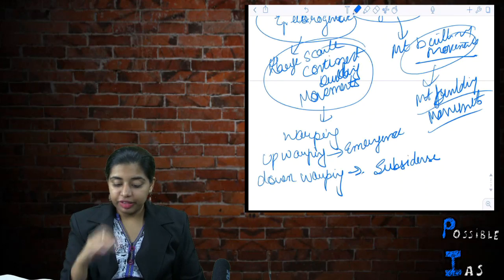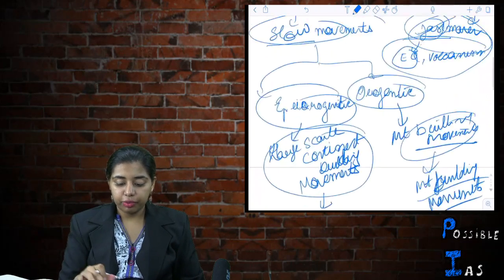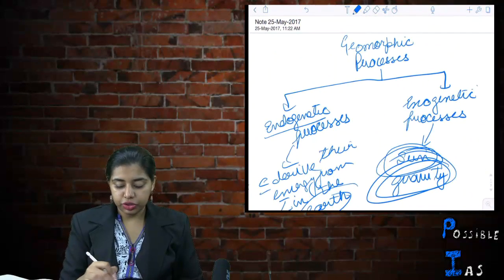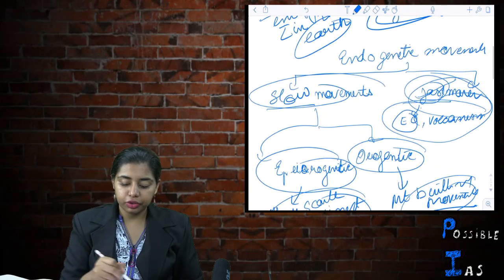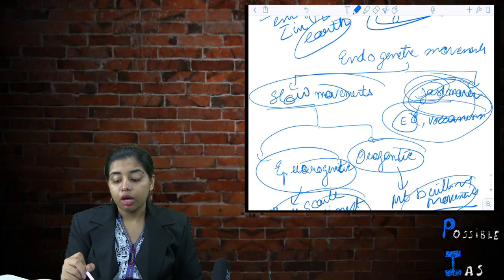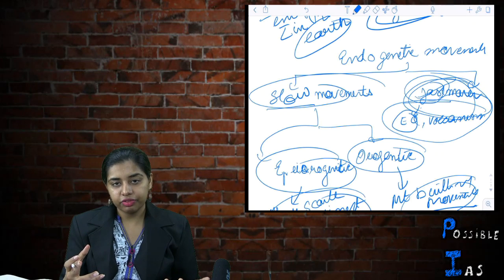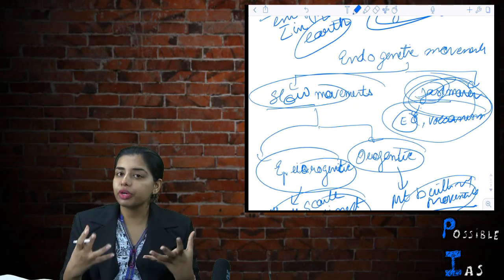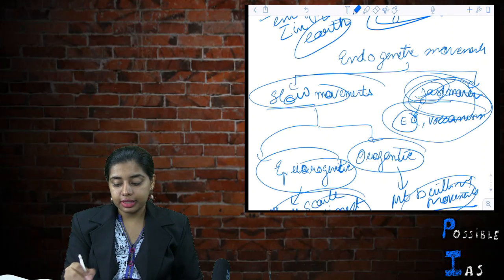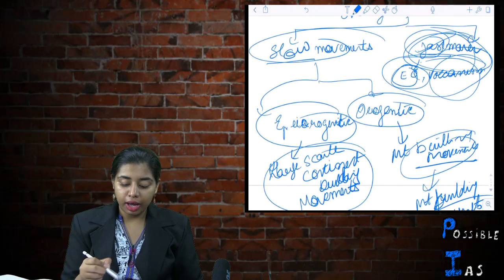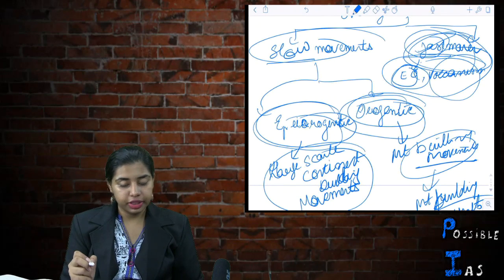So before we move any further, let us revise geomorphic processes. They are of two types, endogenic processes and exogenetic processes. Endogenetic are further divided into slow movements and fast movements. The term fast and slow is based on the timing of manifestation of these events and not the timing of the preparation of these events. Okay, so the fast movements, you have earthquakes and volcanism. In the slow movements, you have what? Epirogenic and orogenic, or epirogenetic and orogenetic movements.